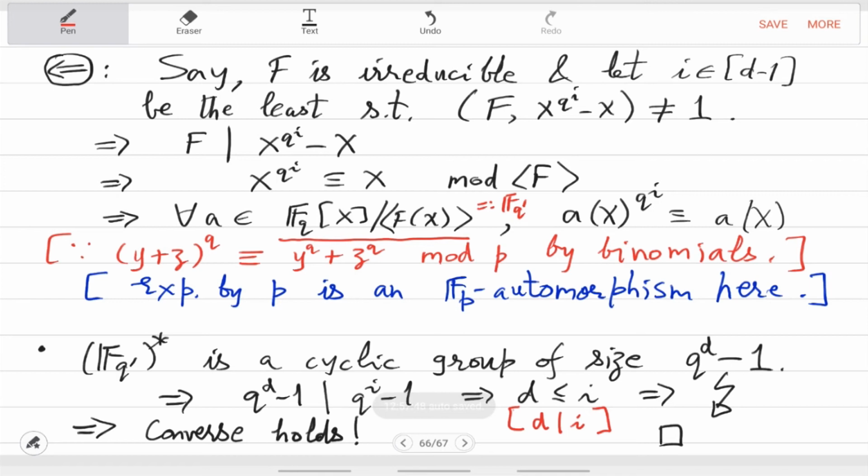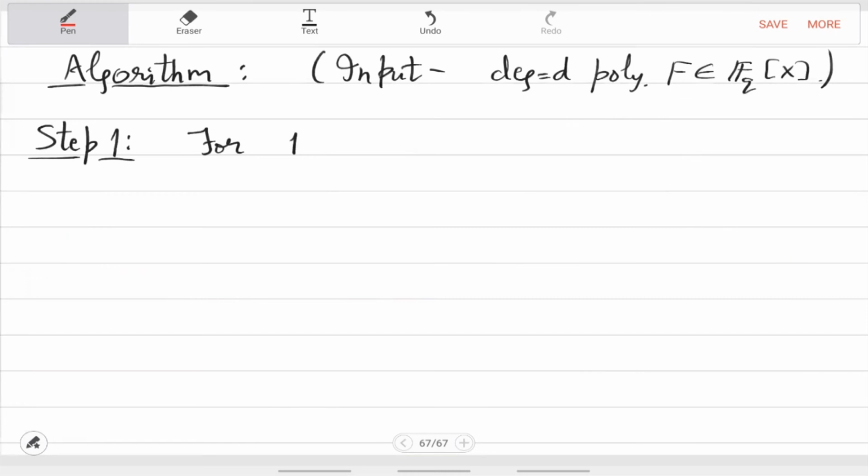For x to the q cubed minus x, the quadratic factors will be missing. There will be all linear factors and all cubic irreducibles. So this slide is quite important; parts of the proof tell you a lot more structure over finite fields.